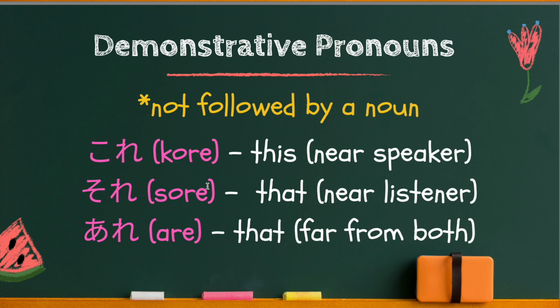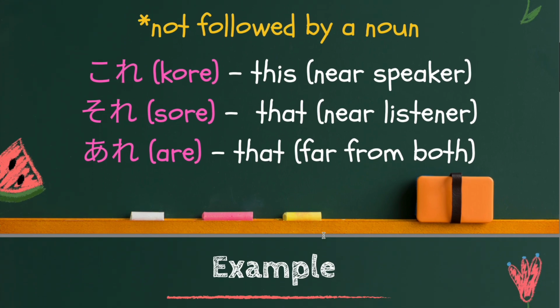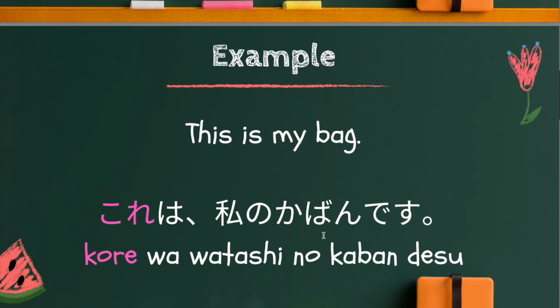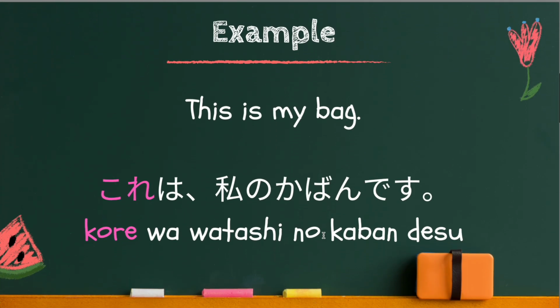So these are demonstrative pronouns. And they can be used by themselves. That's the main characteristic of them. For example, this is my bag. これは私のカバンです。So, just like in English, this is my bag. これ can be used by itself.